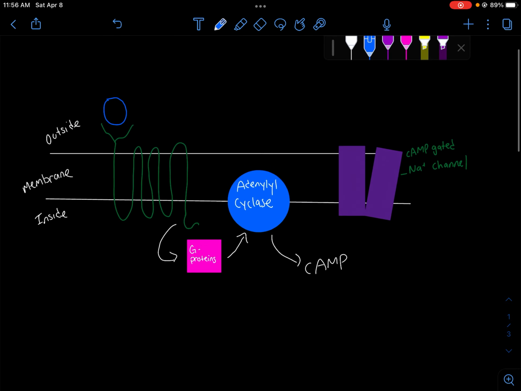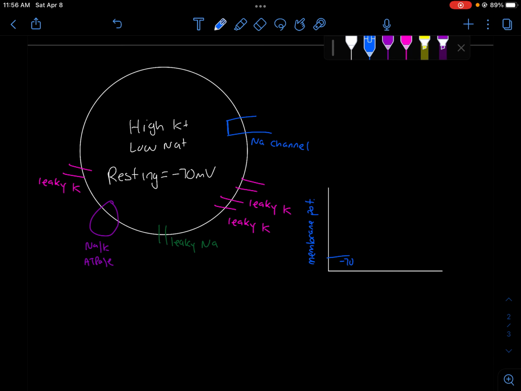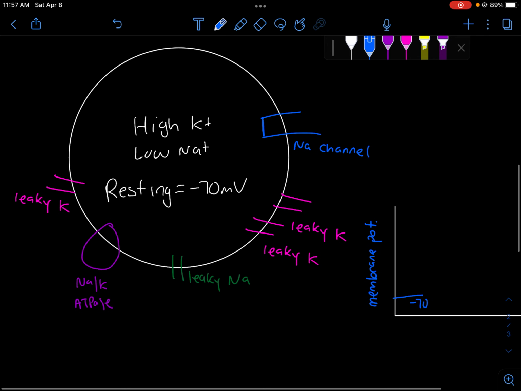Okay, so before we talk about this, let's do a quick review of what we talked about in week one section and week one lecture. This is my diagram here, a simplification of the neuron at rest, at a resting potential. At resting potential, we have a high concentration of potassium inside, and a low concentration of sodium inside the cell.